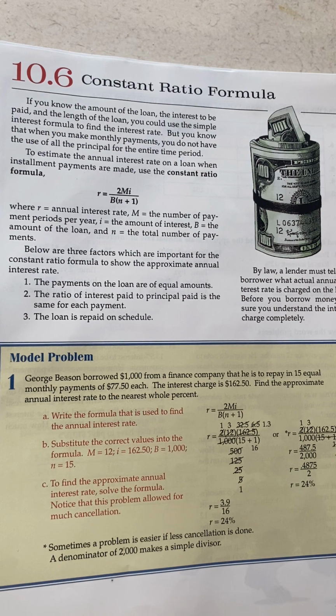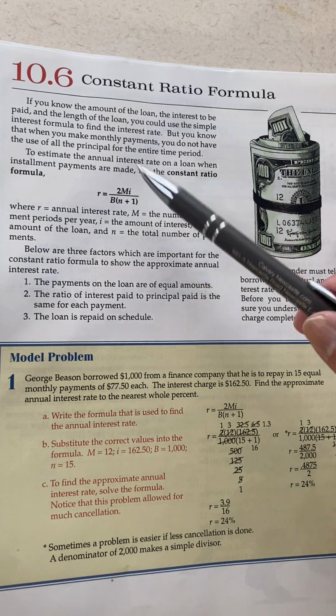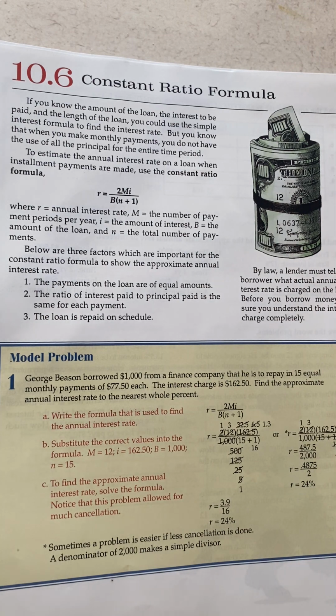The lender has to tell you what the interest rate is and how it works. As you're paying your payments, the interest rate goes up, so you have to find the average annual rate. This formula will tell you what you're paying in these installment plans.